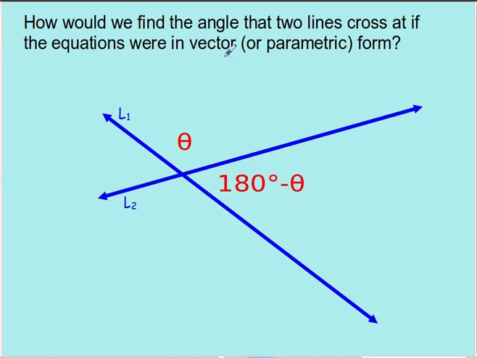Now, if the equations were in vector or parametric form, what information do I have for these lines? If we are in vector or parametric form, then I have direction vectors. So I know the direction vectors for the lines, that would be m1 and m2. I'd be able to read those from the equations.